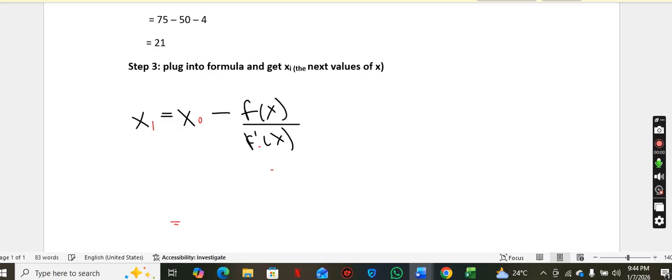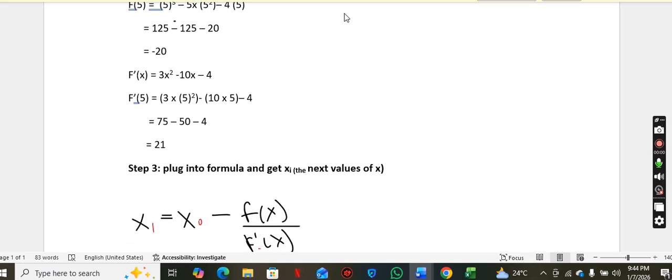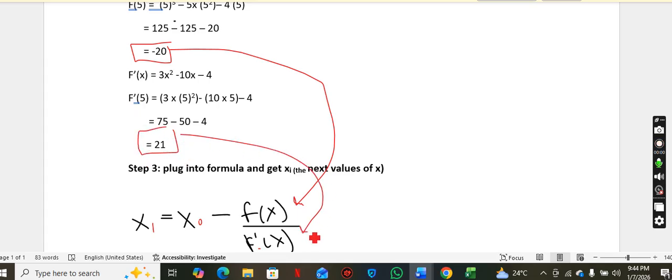Basically what we're saying is these values we got when we substituted x equals 5, this negative 20 is going to be this one here, this 21 is going to be this one here. x0, we already have it. The question has given us x0 equals 5.